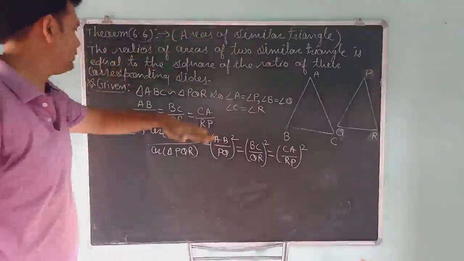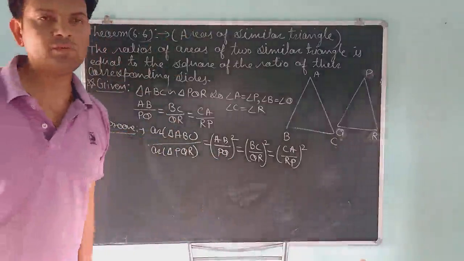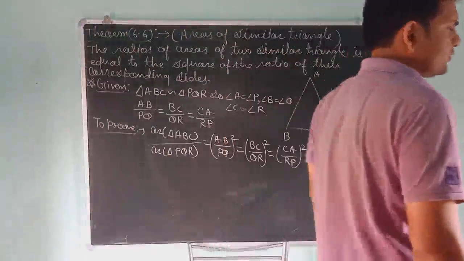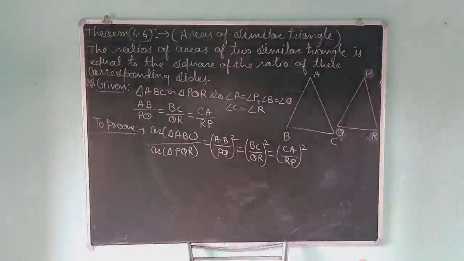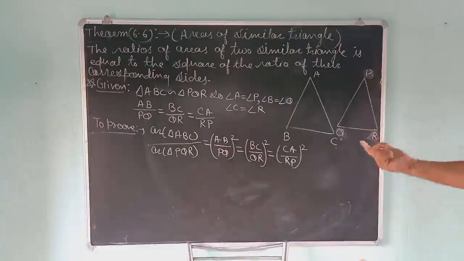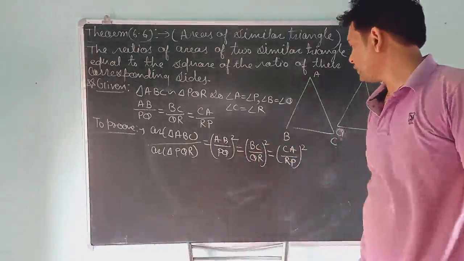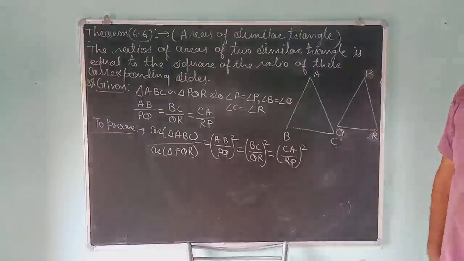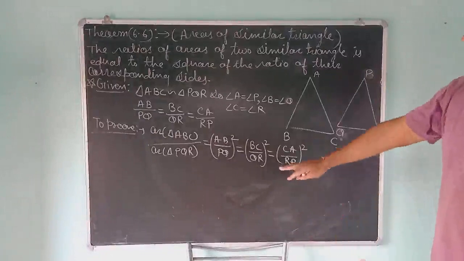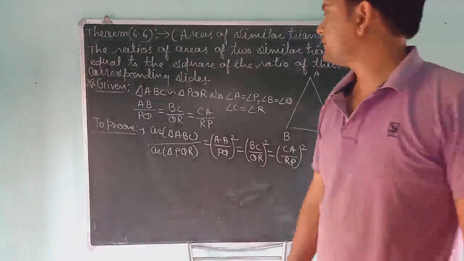This is what we have to prove, students: the ratio of areas of two triangles will be equal to the square of their side ratio.